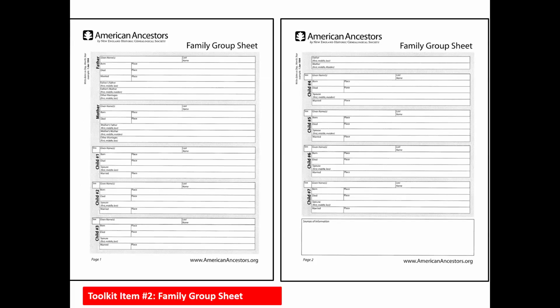So you see that there are some sections for father's father and mother's father, etc. That helps you to marry that back to that 5 generation chart that we looked at. And when it comes to the children, it also should leave you some room to list their spouse's information as well.